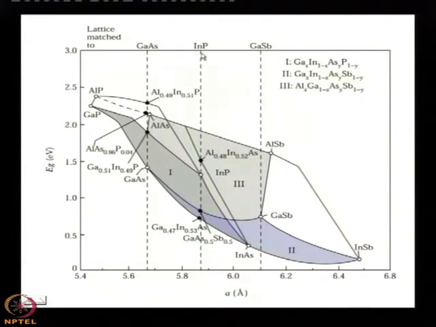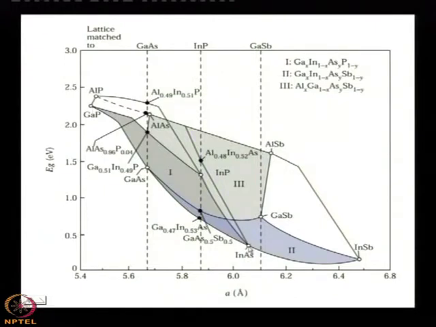So, now when we talk about indium gallium arsenide phosphide, you see that this is indium arsenide, and this is gallium arsenide, and this is gallium phosphide. That means indium gallium arsenide phosphide is a variation from indium arsenide to gallium phosphide, right.